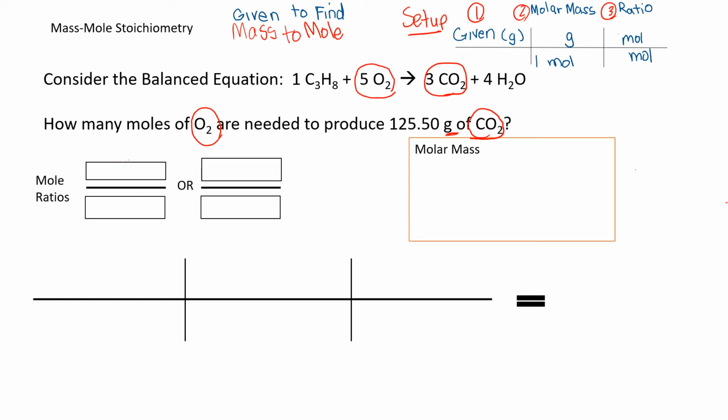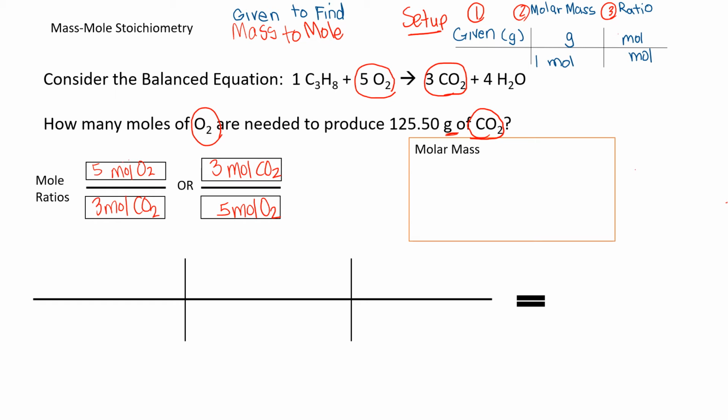Now that you have that, put them in a fraction. Don't forget to put the word mole or unit mole in between. So you're going to put 5 moles of O2, and then on the bottom, you're going to put 3 moles of CO2, and you're just going to simply flip that ratio so you have an option to pick from.